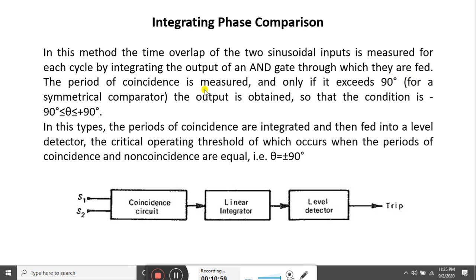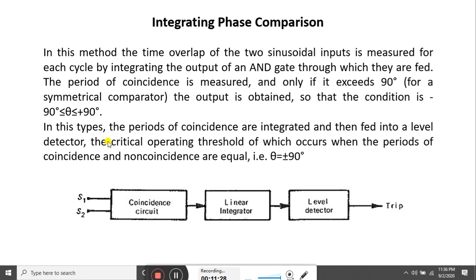The period of coincidence is measured, and only if it exceeds 90 degrees for a symmetrical comparator, the output is obtained. So the condition is given that theta is plus 90 degrees and minus 90 degrees. This is the condition of the coincidence period.